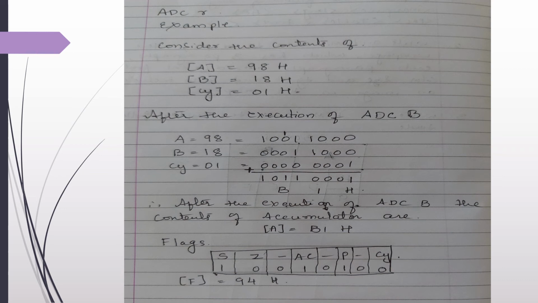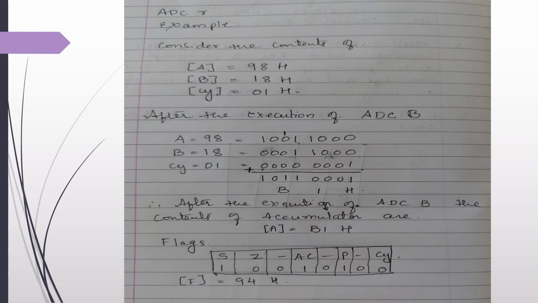So you add all the 3. 0 plus 0 plus 1 is 1. All 0, 0, 0. 1 plus 1 is 0, carry 1. So 1 plus 1 plus 1 is 1, carry 1. 1 here, carry 1. 1 plus 0 is 1 here. All zeros added gives 0 here. 1 plus 0 is 1 here. So 1, 0, 1, 1 is B and 0001 is 1. So the answer is B1H.